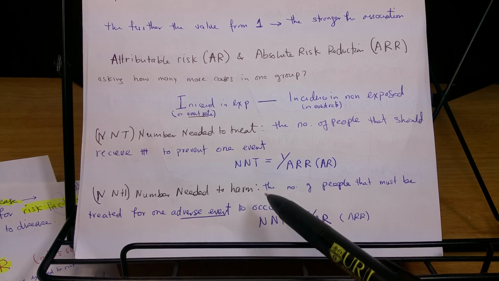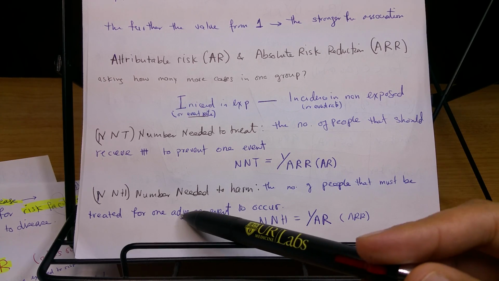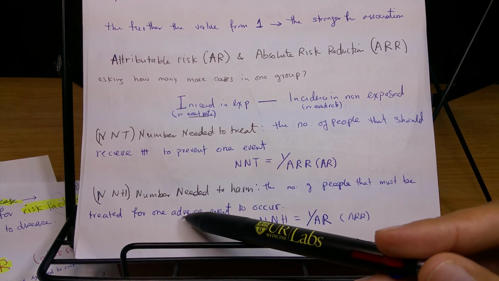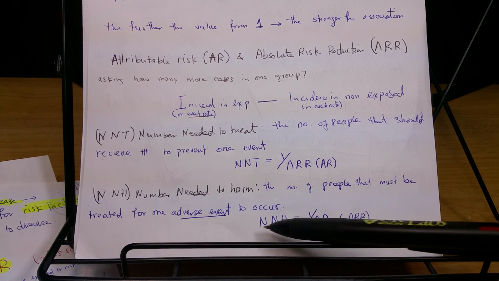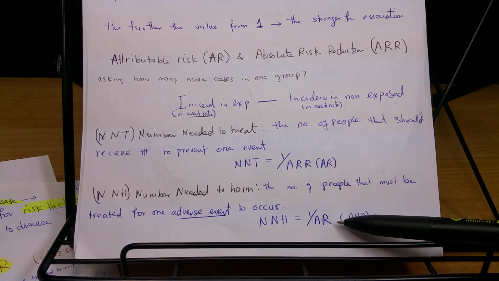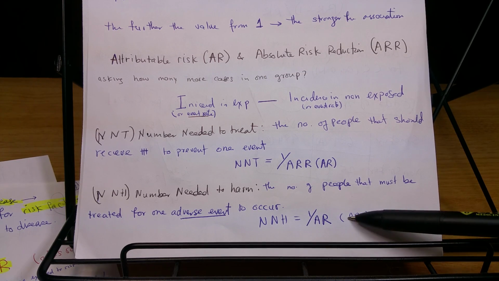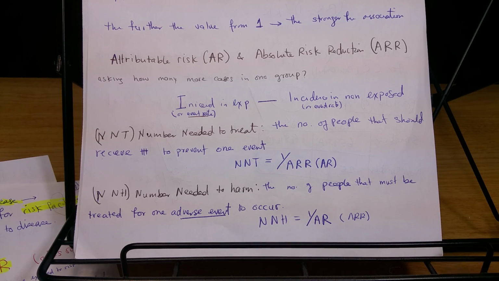The number needed to harm is the number of people that must be treated for one adverse event. So for harm, we're looking for an adverse event to occur. It's 1 over the attributable risk or 1 over the absolute risk reduction.